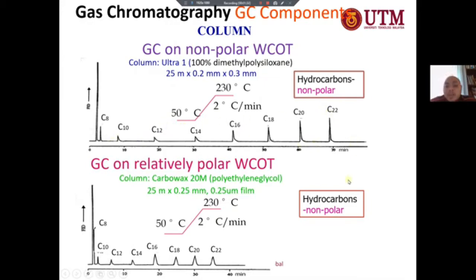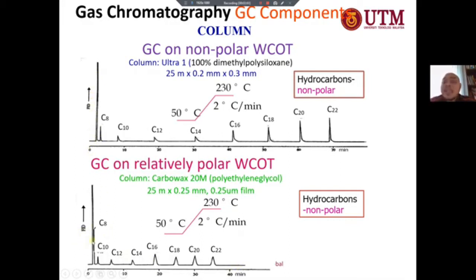In the polar column, our non-polar analytes will not react with the column, so they will separate based on the volatility, based on the boiling point. We have reduced the retention time very well. But the problem is if you look at the C8, it appears with the solvent peak. So this is our problem.